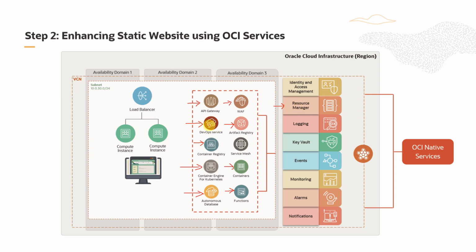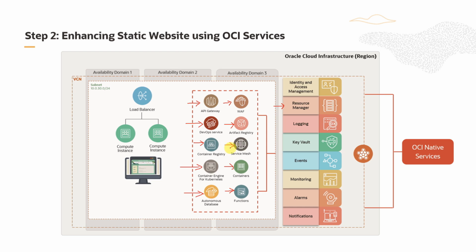DevOps Project enables streamlined collaboration and automation across the software development lifecycle, while Resource Manager facilitates infrastructure creation and management through code and templates, ensuring consistency and repeatability in infrastructure deployments.